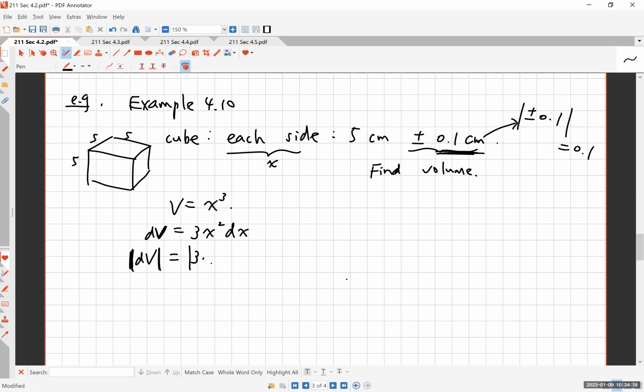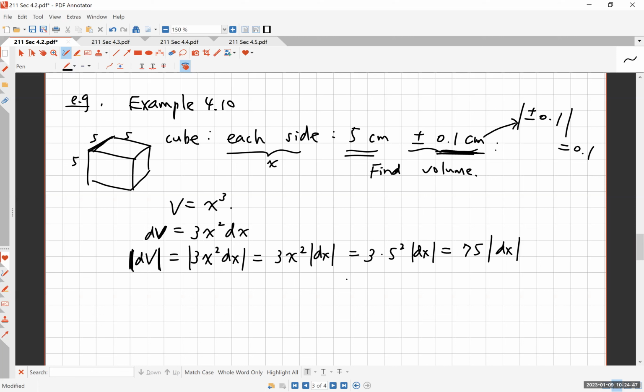written as the absolute value of 3x squared dx, but here x is positive. x is definitely a positive number, and 3 is also positive, so you can take that away, and so you can write it this way. Now x is given as 5. So this is 5 squared dx, and so that's 75 times the absolute value of dx.